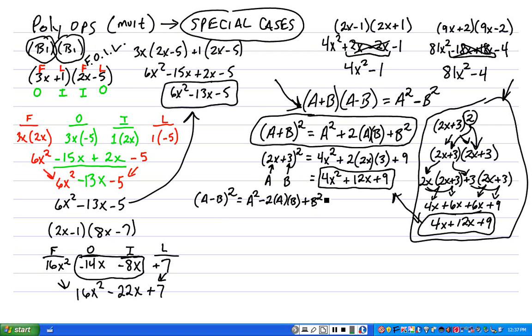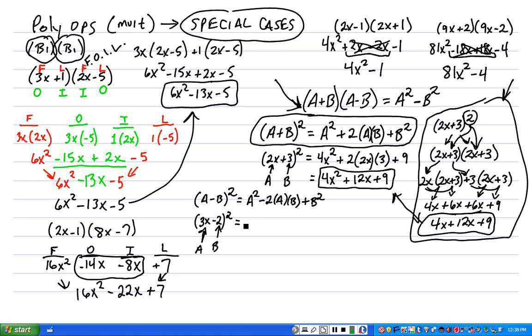Alright, so let's say 3x minus 2 squared. Our a is 3x and our b is 2. These formulas account for the sign, so don't worry about this 2 being a negative. Just write it as a 2 because the formula accounts for the signs.